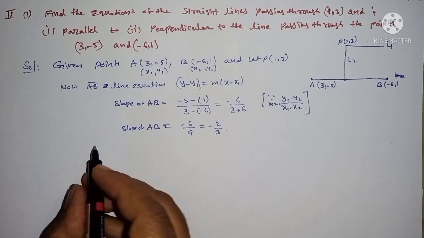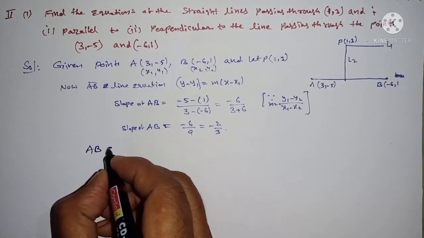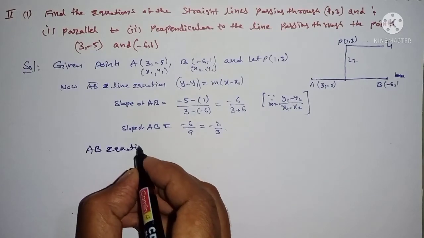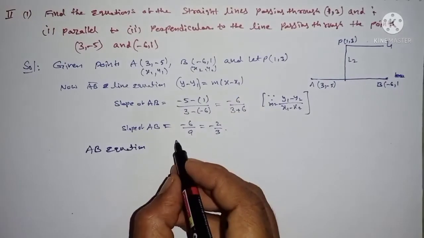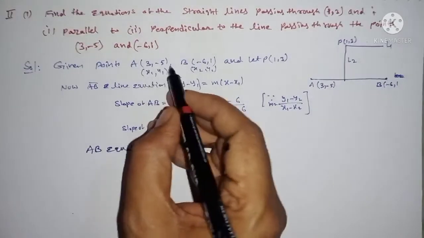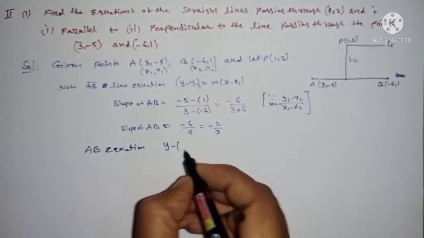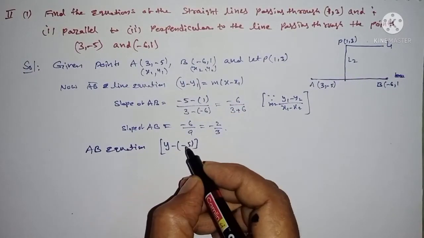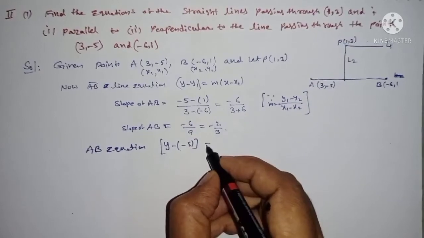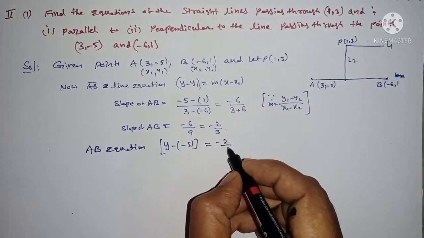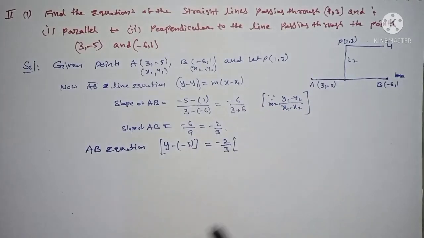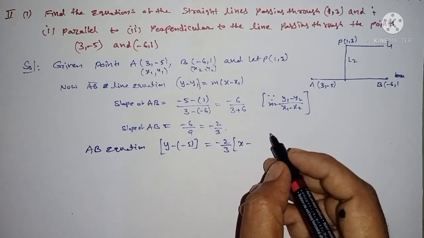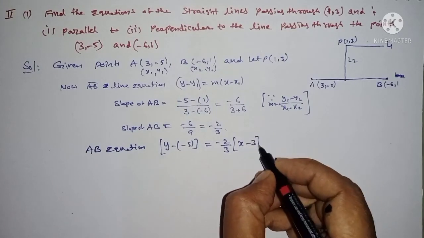Now find the AB equation. Substitute here: x1, y1 is there. Y minus y1, which is minus 5, is equal to m, which is minus 2 by 3, into x minus x1, which is 3.